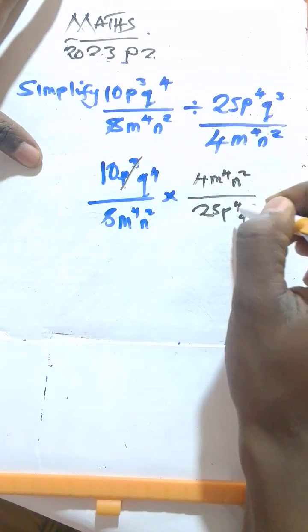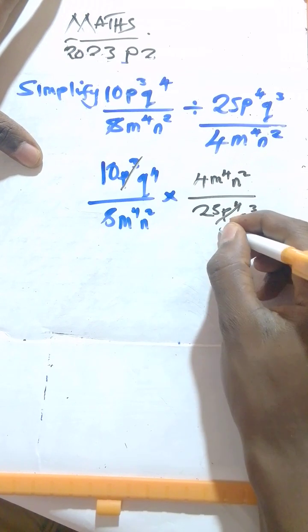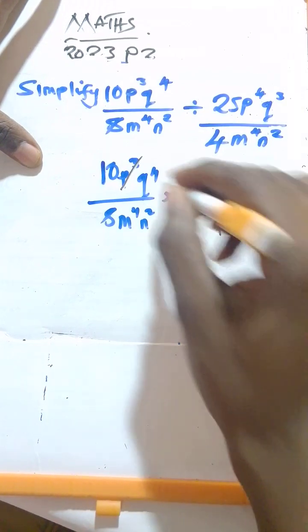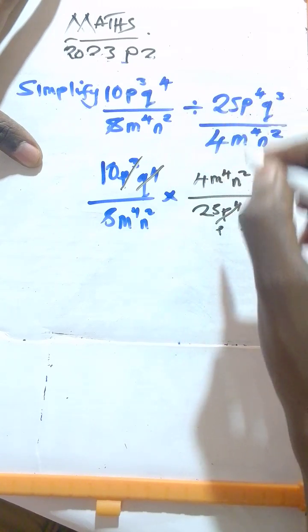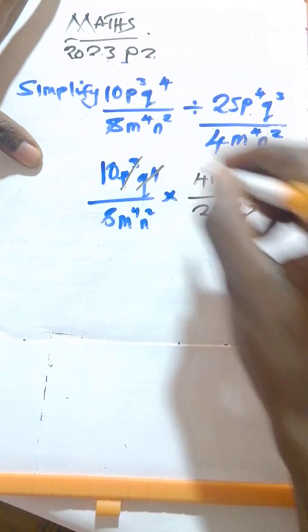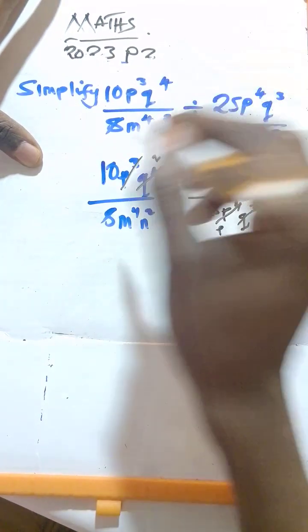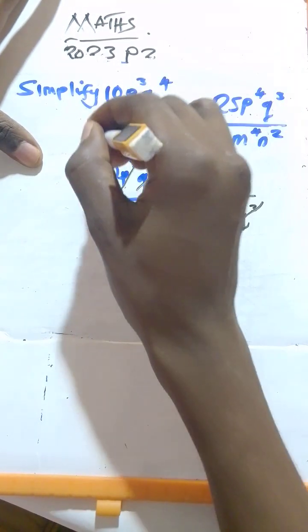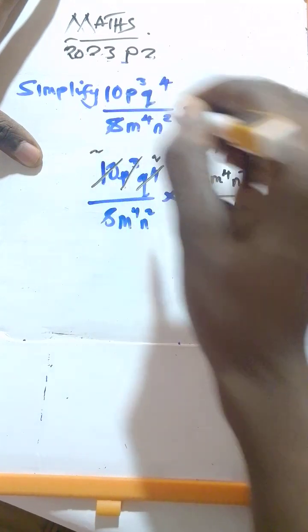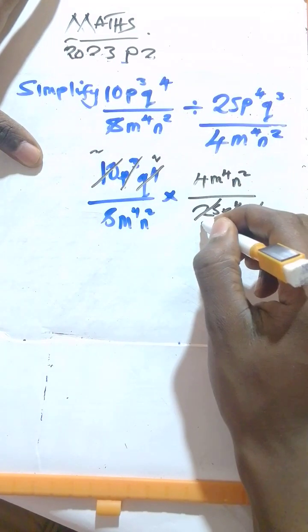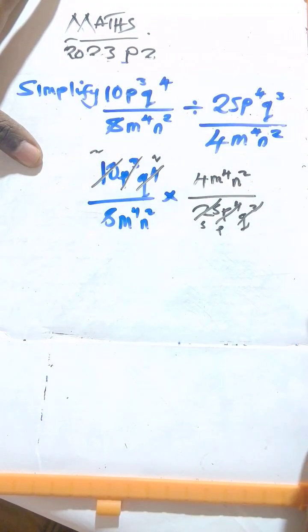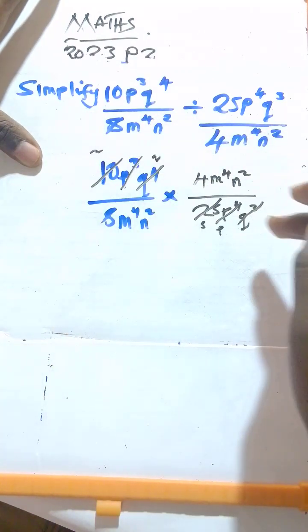Then we have p to the power 4, we can cancel, then we remain with p. Q to the power 4, q to the power 3, so here we remain with 1q. What else? We know that 5 can go into 10 2 times. 5 into 25 gives us 5. So nothing to cancel here.